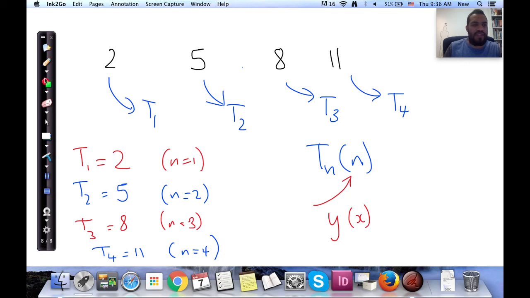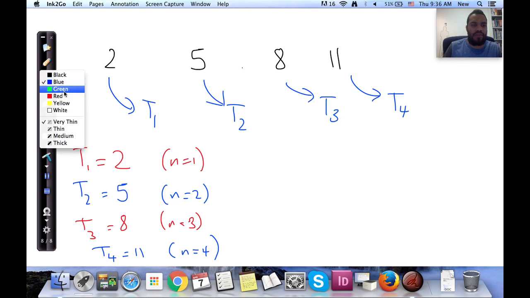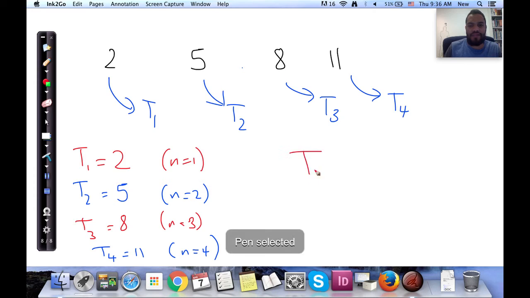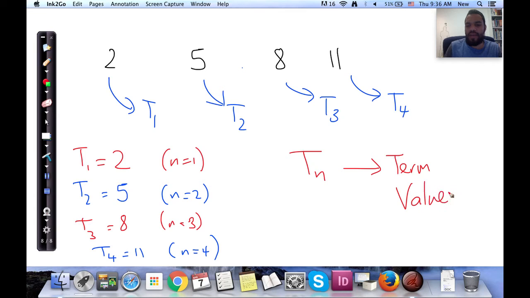The point I'm trying to make is that Tn represents the term value, the actual value that you see there. If we have to read it, what is T1?